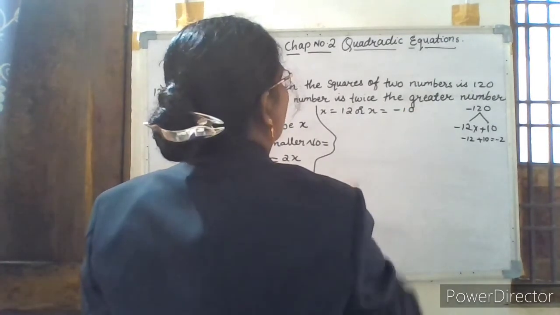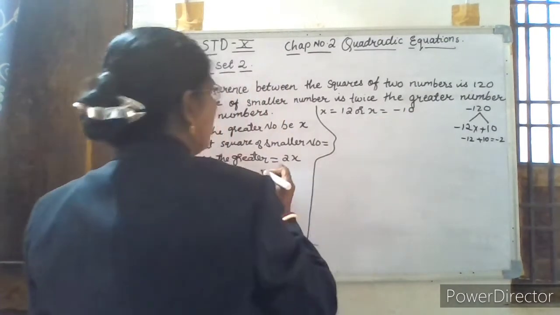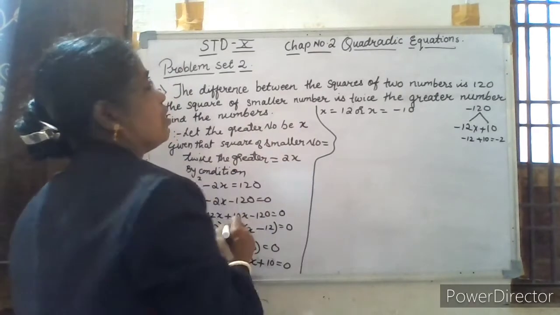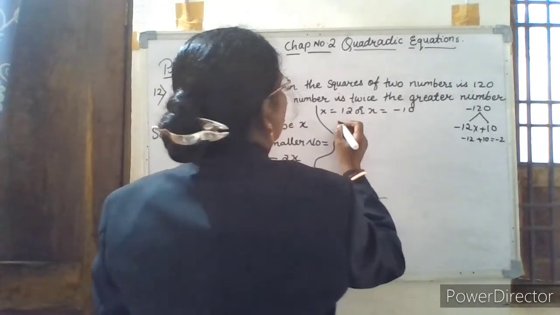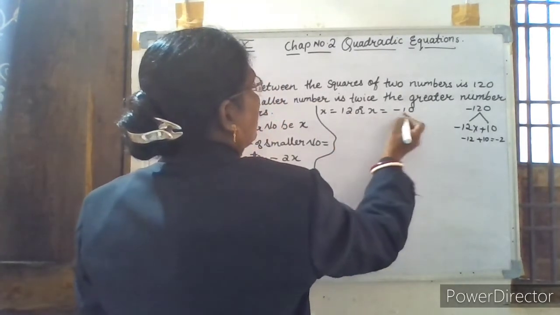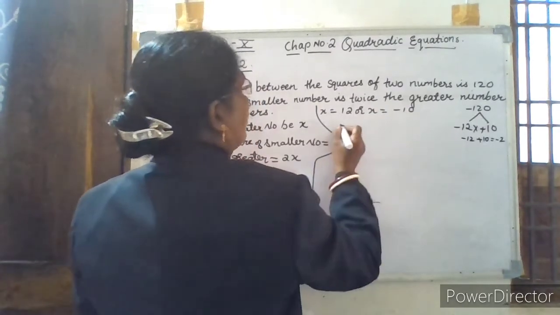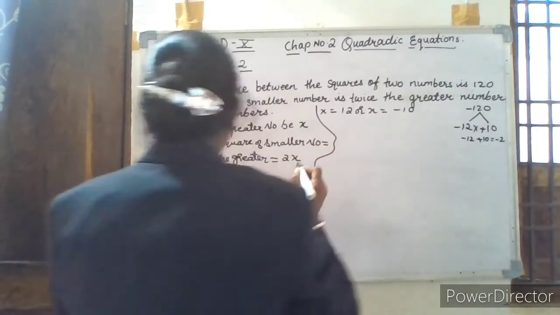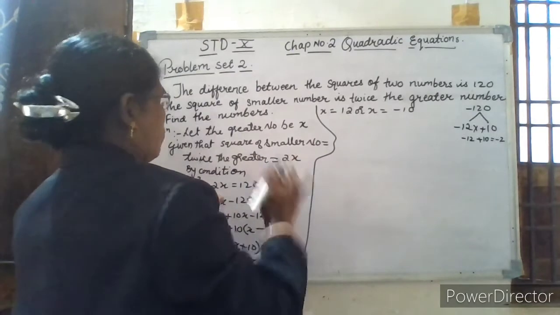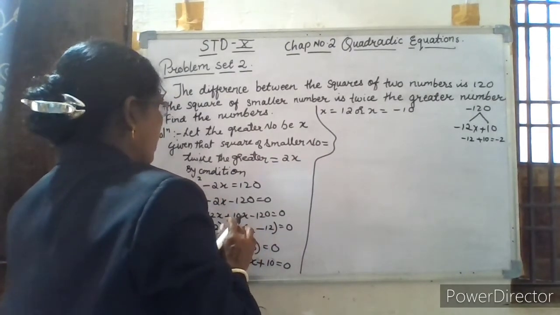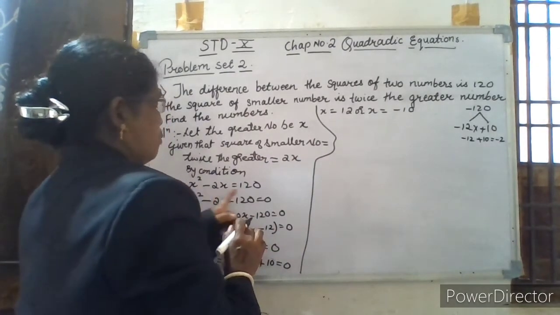Now see, the x value we got is the greater number. If we take the x value equal to minus 10, by condition, the square of the greater number minus the square of the smaller number is equal to 120.